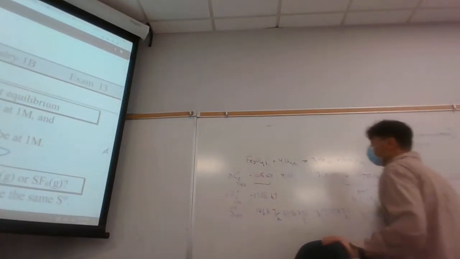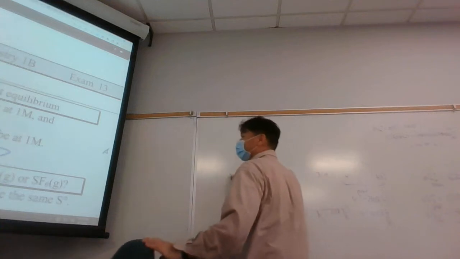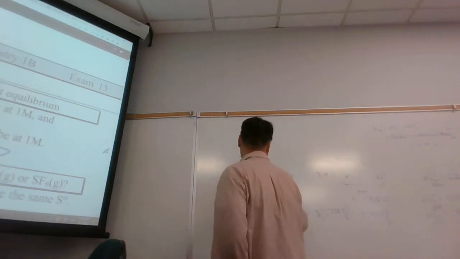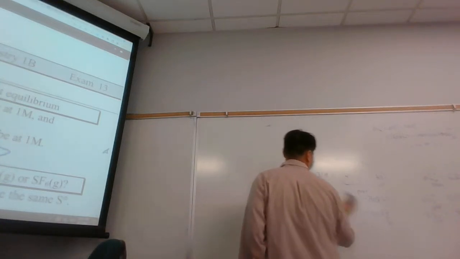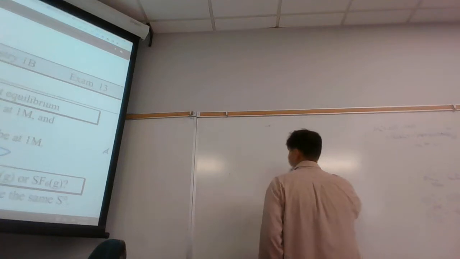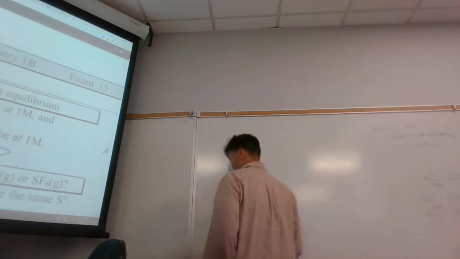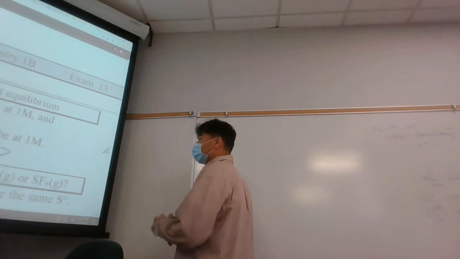for this particular problem. And that is, what if I ask you the same problem except I said delta G under standard conditions? Well, actually, let's take a look at this one again.